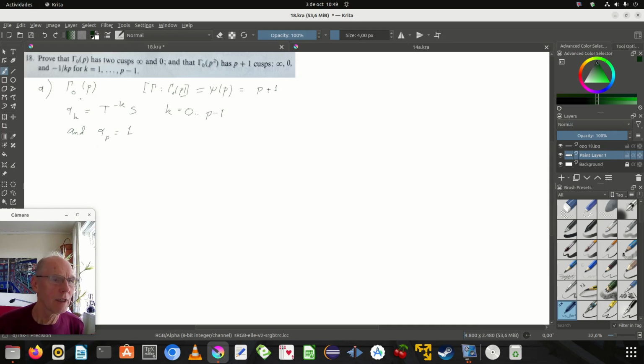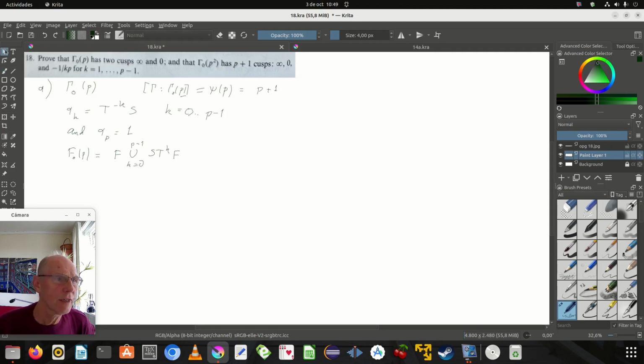And that is the fundamental domain. Oh, I can't call it F. F naught of p equals F, and then the union of all of these, S T to the k of F, for k going from 0 to p minus 1.